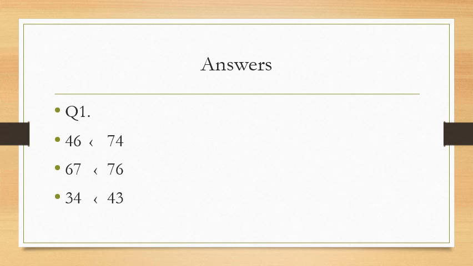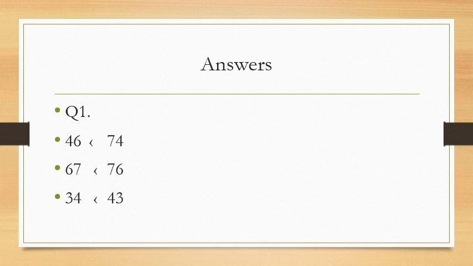Now children, let's check your answers. Look at the first question, first part. Here the numbers are 46 and 74. So children, after comparing these two numbers, you will find out that 74 is greater than 46.